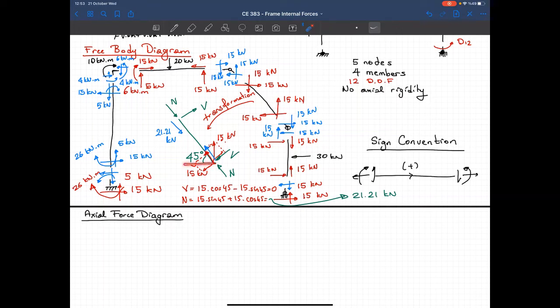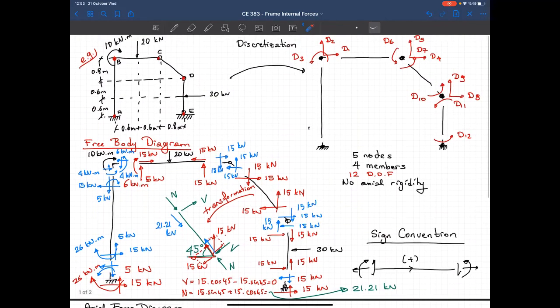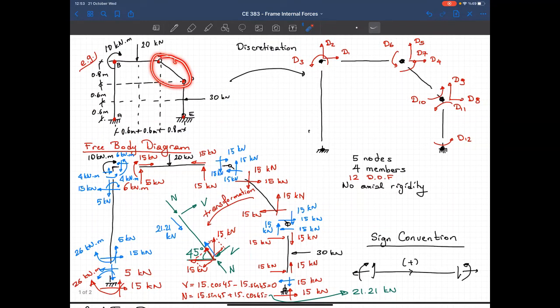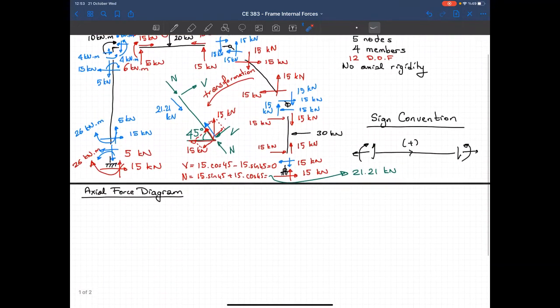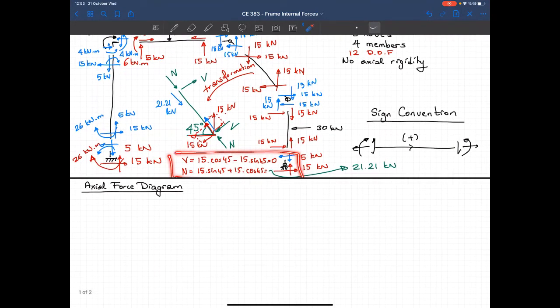This angle is 45, and from trigonometry I obtained that V is equal to 0, no shear force, and N is equal to 21.21. It makes sense actually. Why? Because take a look at this member. I have a hinge here, another hinge here, no loading on this member, so this is nothing but a truss member. It only carries axial force, nothing more. And with this free body diagram and this transformation, we just show that.